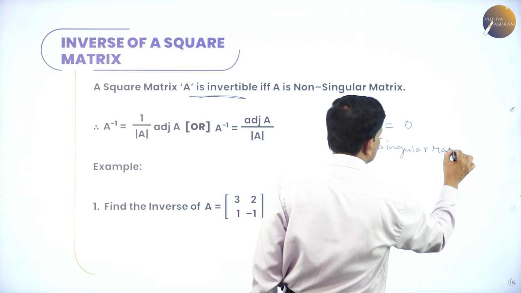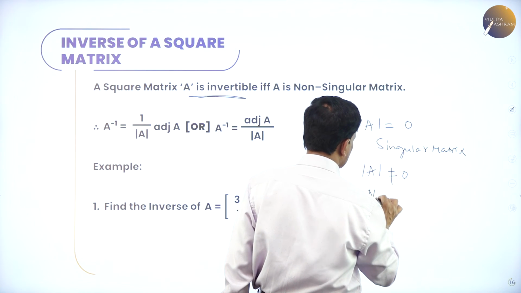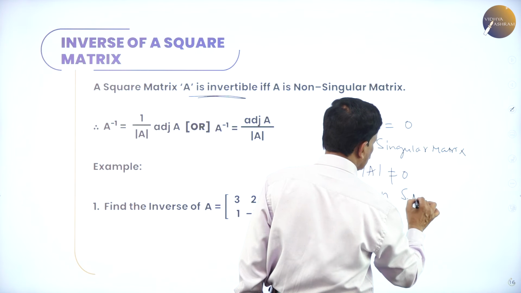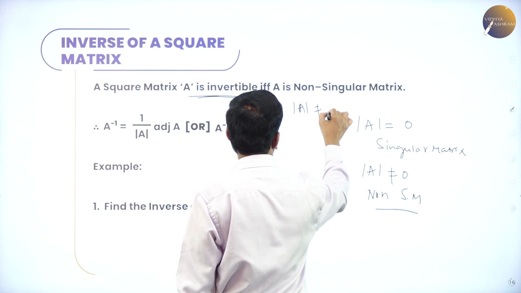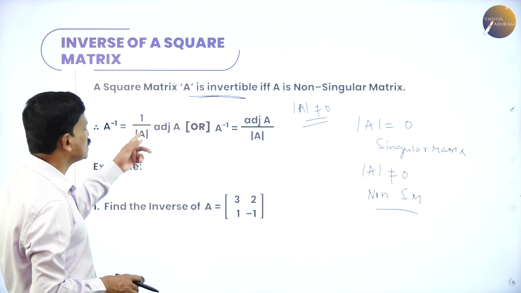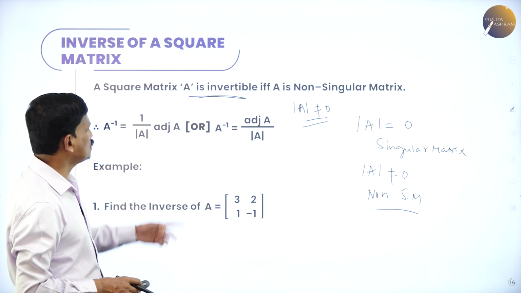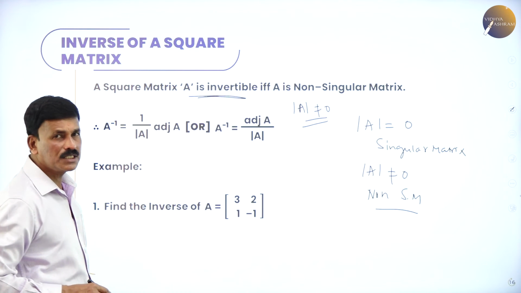If determinant of A is not equal to 0, then it is called a non-singular matrix. So, here determinant of A should not be equal to 0. For a non-singular matrix, the inverse exists. A inverse is given by 1 over determinant of A into adjoint of A, or A inverse is equal to adjoint of A divided by determinant A.